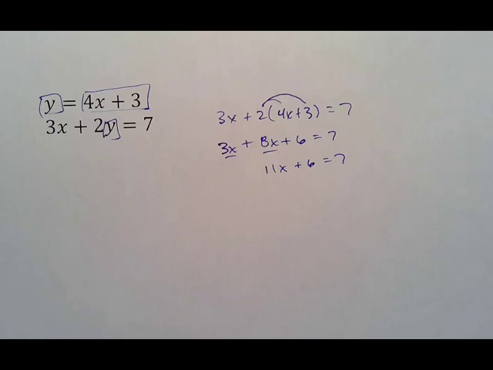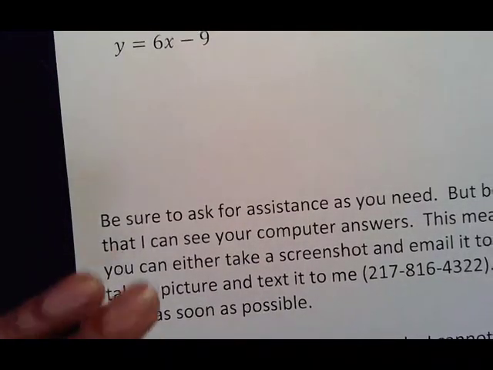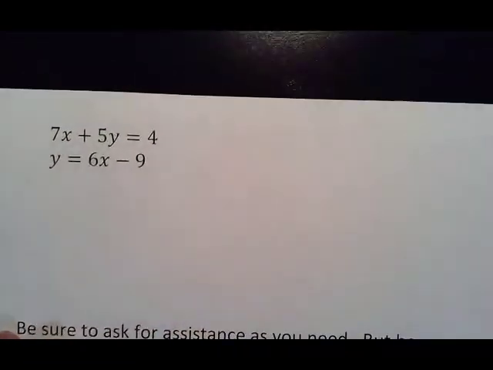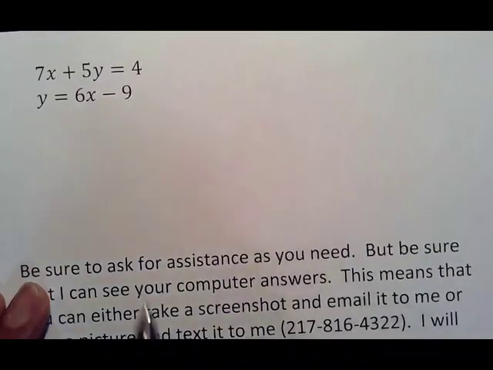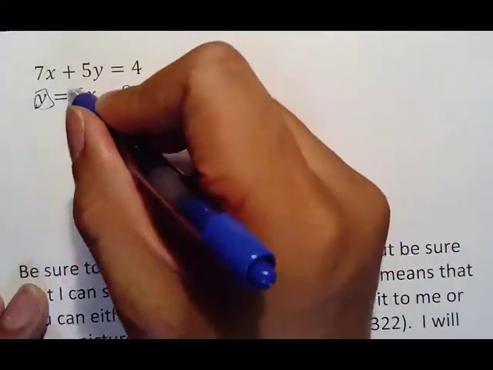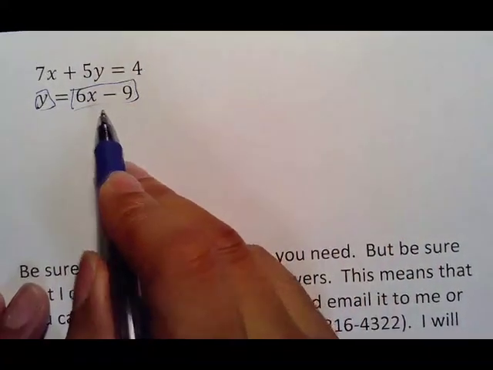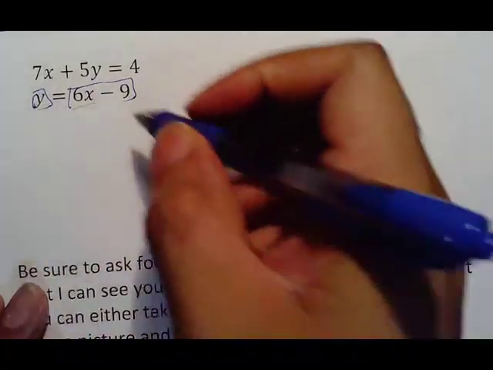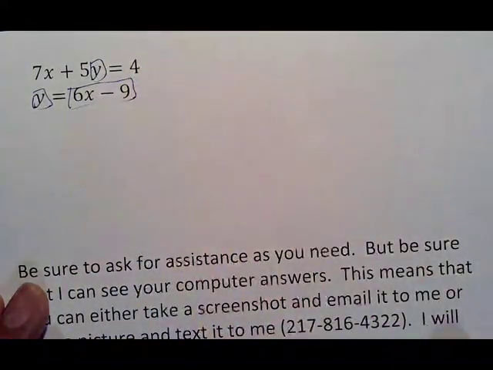Alright. So like I said, it's not too bad. Just make sure that you're ready for it whenever you see it, and again, make sure that you're communicating if there are any issues so that I can try to help you out. We'll talk about what that is in just a second though. And again, your y equals could be on the bottom, so this is your y. That's what we're plugging in for. We're going to turn it into 6x minus 9 because that's what it's equal to, and that's where we're going to put it.